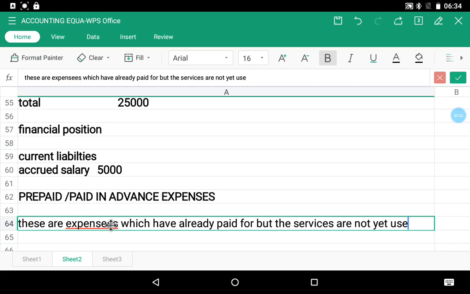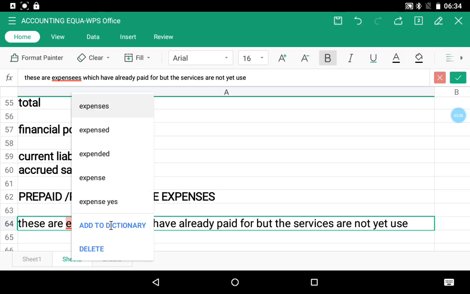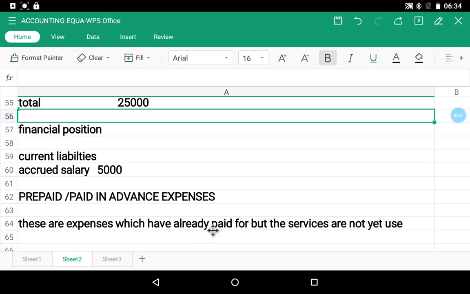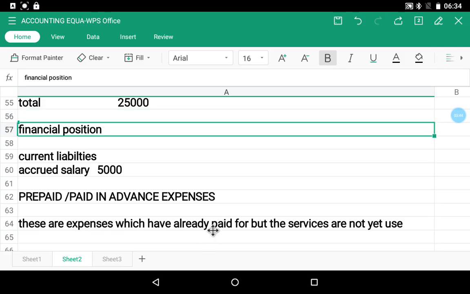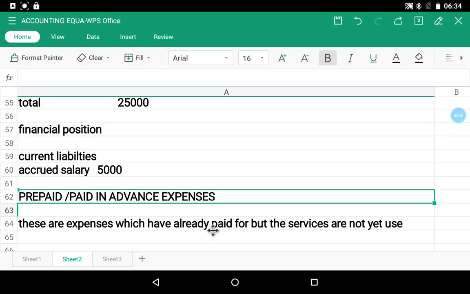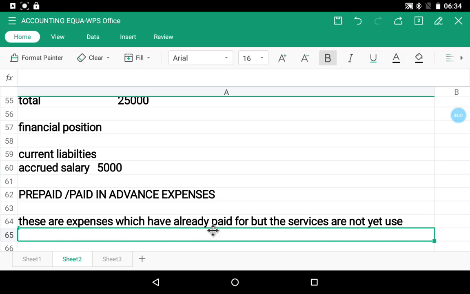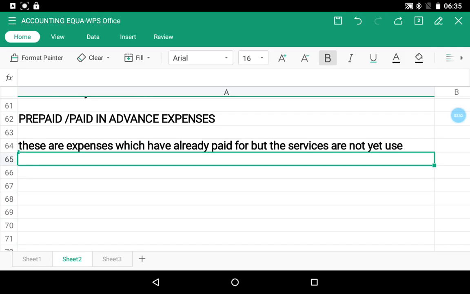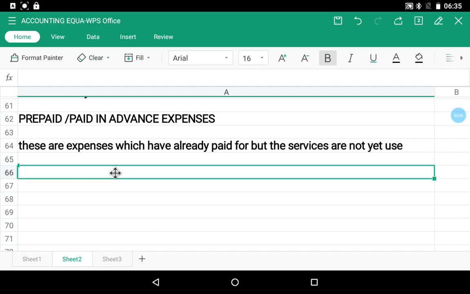And we are going to see how they are treated in financial statements. So in the financial statements, when you talk about prepaid expenses, we will start with the income statement.